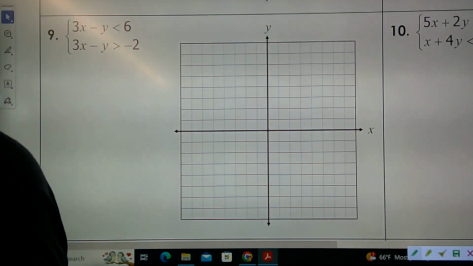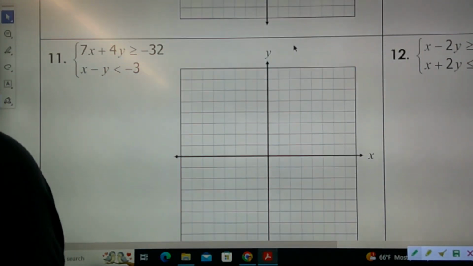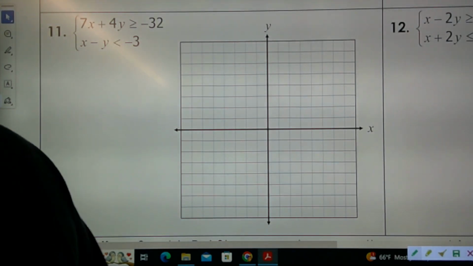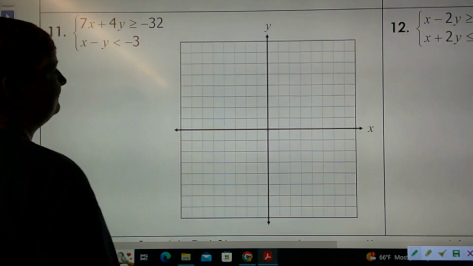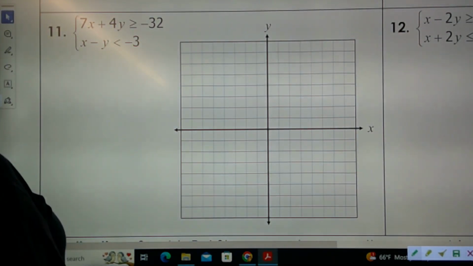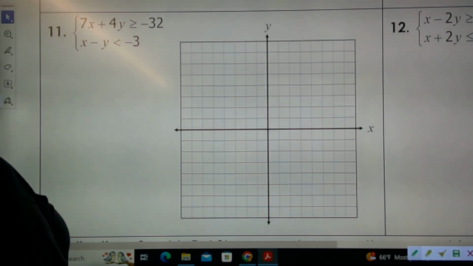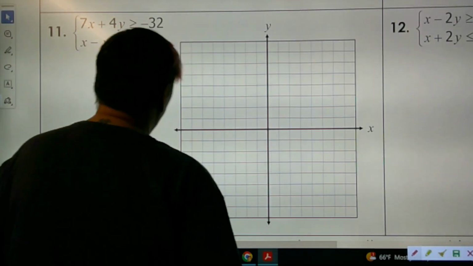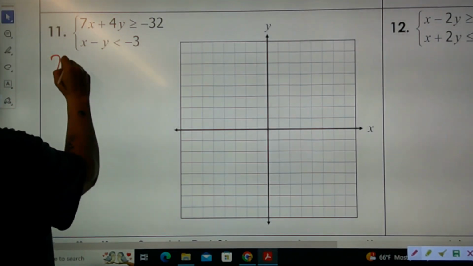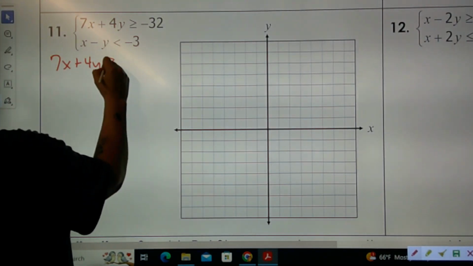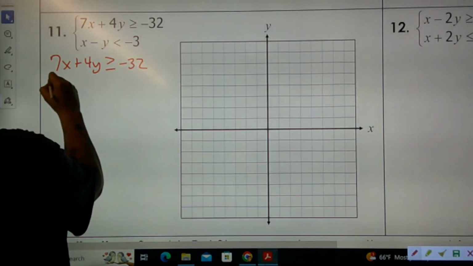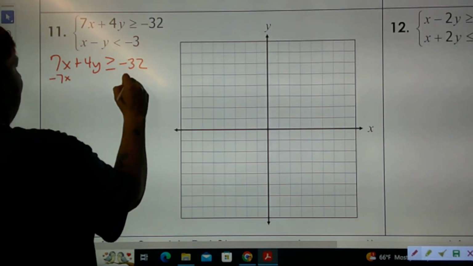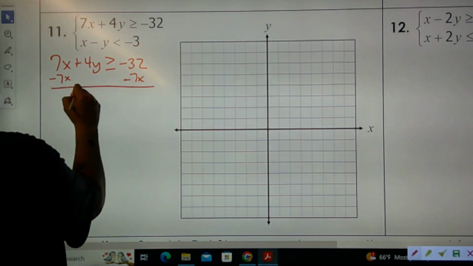Last one. Neither of those is in slope-intercept form. 7x plus 4y greater than or equal to negative 32 minus 7x. 4y.